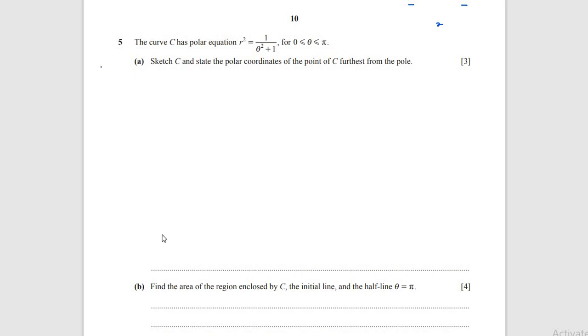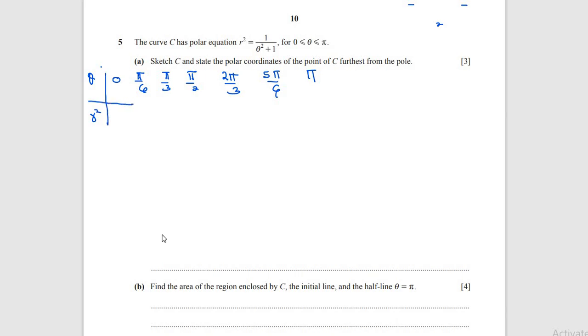Now theta is 0, 30 which is pi over 6, 60 is pi over 3, 90 is pi over 2, 120 is 2 pi over 3, 150 is 5 pi over 6, and 180 is pi. Okay, what's the radius?